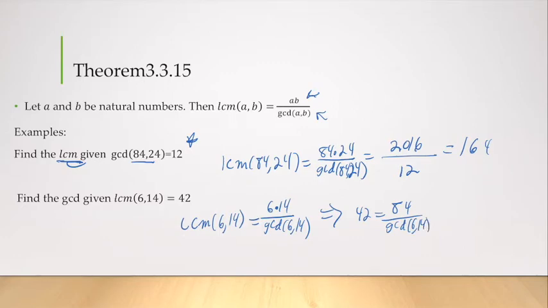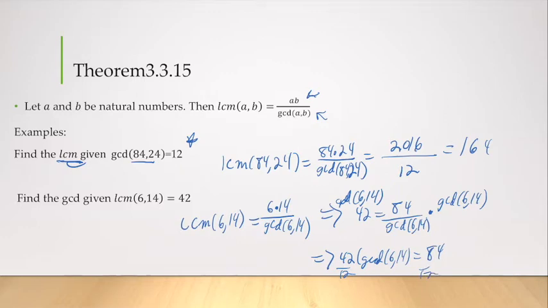I can go ahead and multiply both sides by the GCD of 6 and 14. Remember, it's just a number. That's going to give me 42 times the GCD of 6 and 14 equals 84. If I divide both sides by 42, I will find that the GCD of 6 and 14 equals 2.